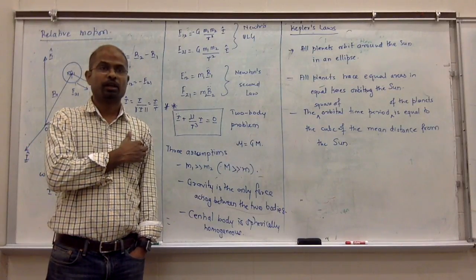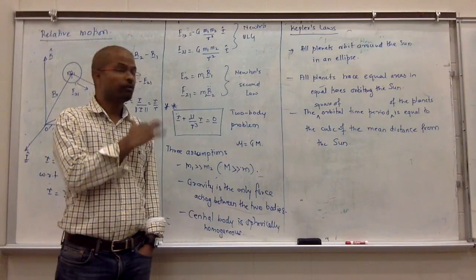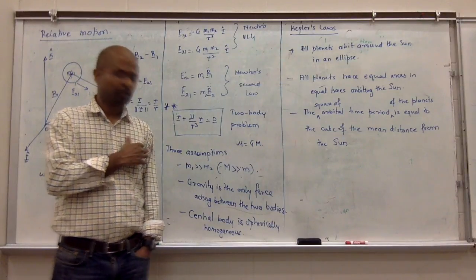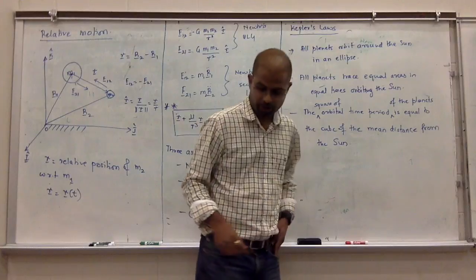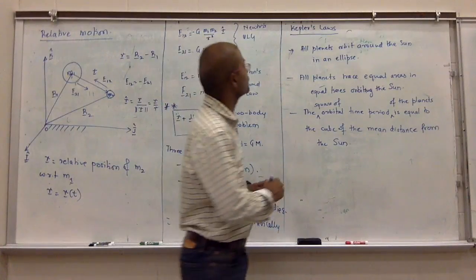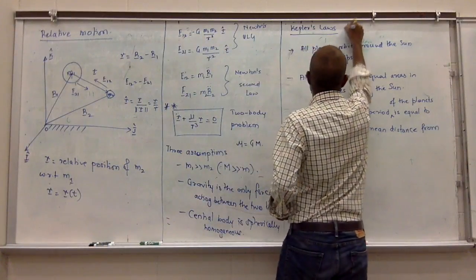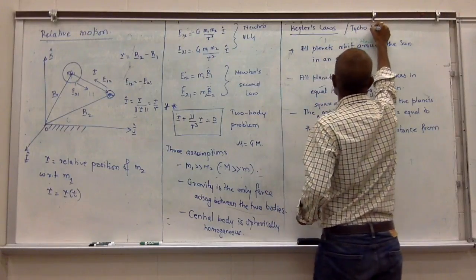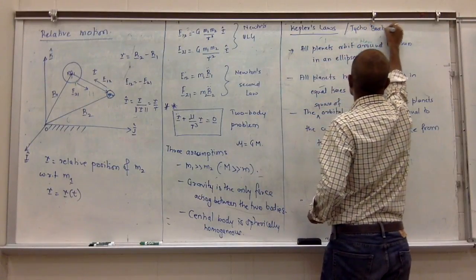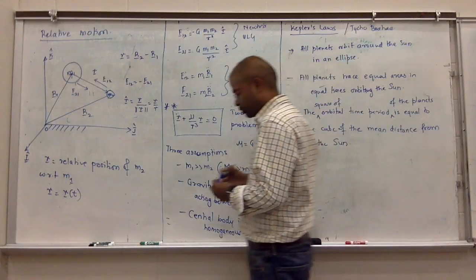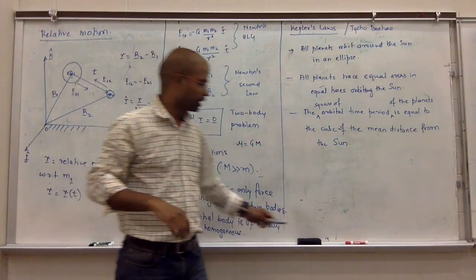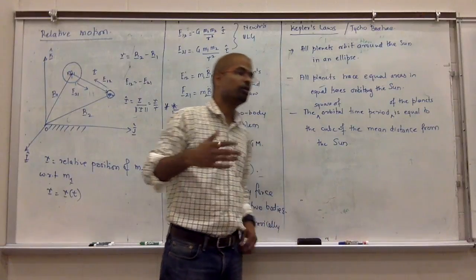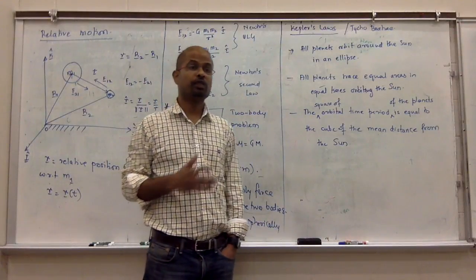Only when Kepler came along, along with his accomplice, whom you should always remember as well, because of him Kepler was able to propose these laws. Tycho Brahe did a lot of observations over several years.